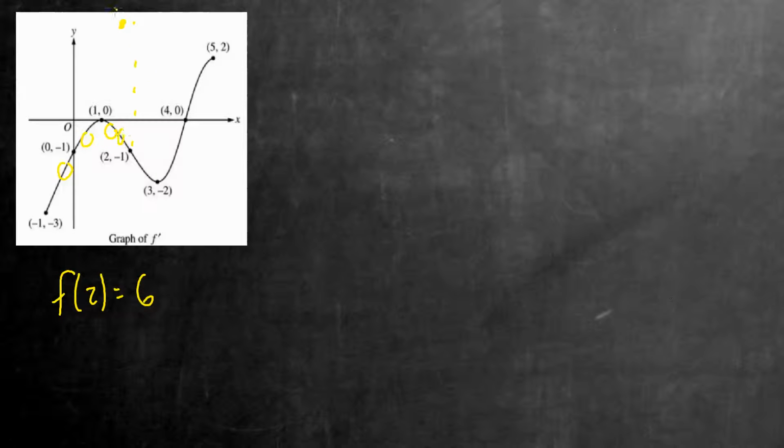So it's been decreasing to get to there. Still, the slope is negative until 4. So it should be decreasing until 4, and then increasing after 4. Therefore, the absolute minimum has to be at x equals 4, because the graph is decreasing the whole time and then switches to increasing.